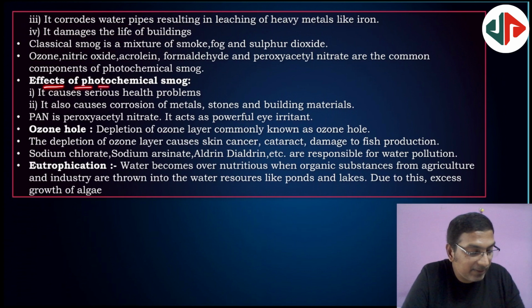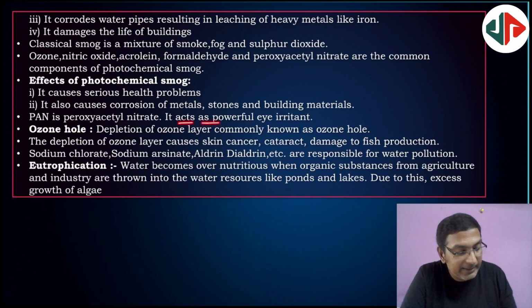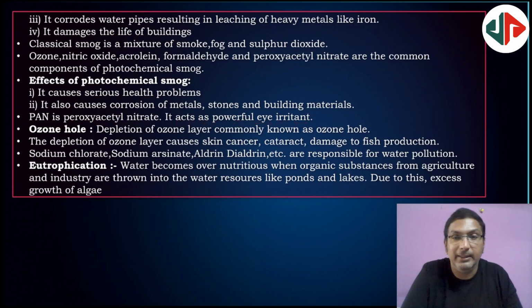Next, effects of photochemical smog. It causes severe health problems. It also causes corrosion of metals, stones, building materials. Next, PAN is peroxyacetyl nitrate. It acts as a powerful eye irritant. It is very important.